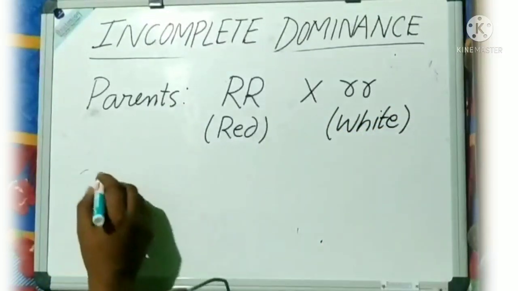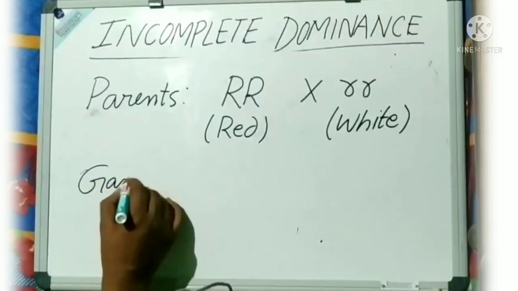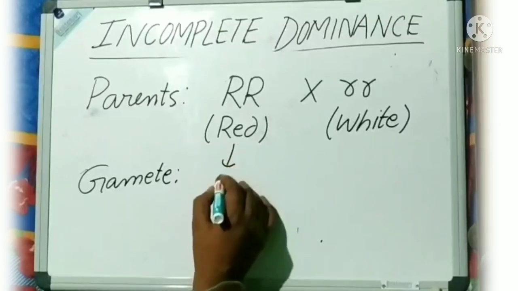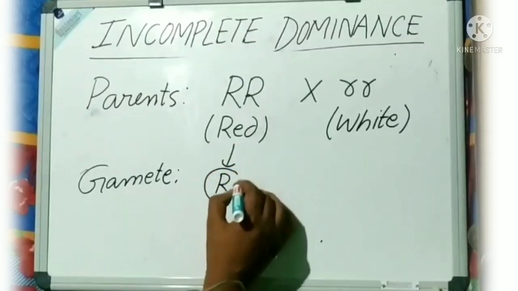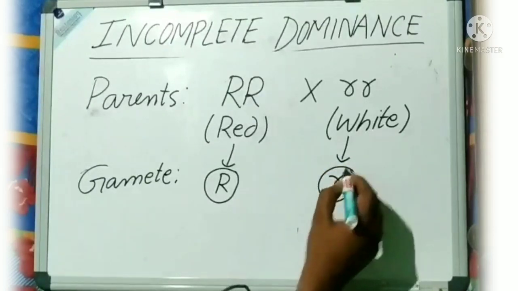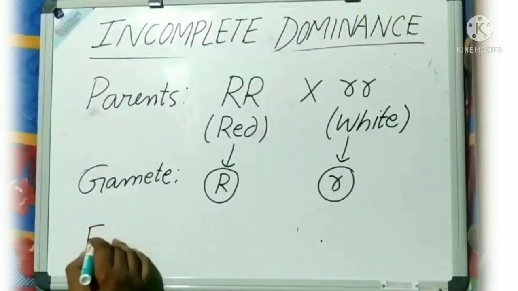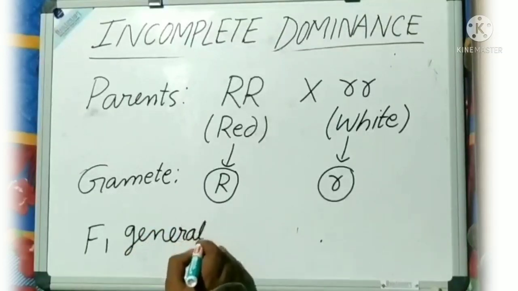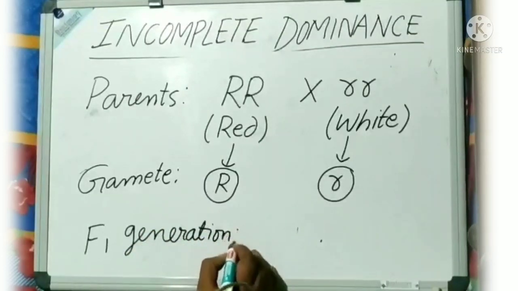Now the second step is gamete formation. So here we will find a gamete which contains allele capital R, and here we will find a small r gamete, and then we will find the F1 generation by the fertilization of these two gametes.